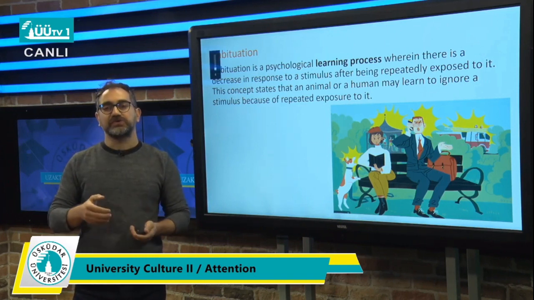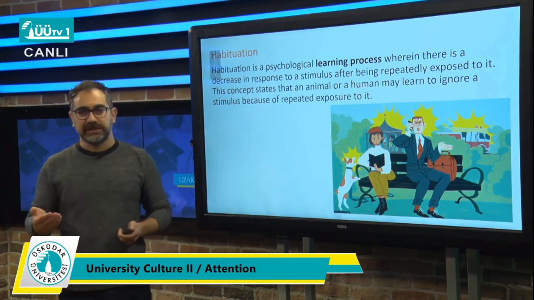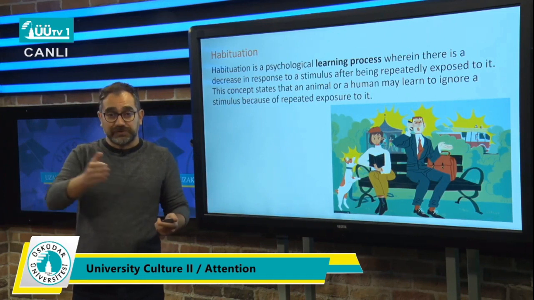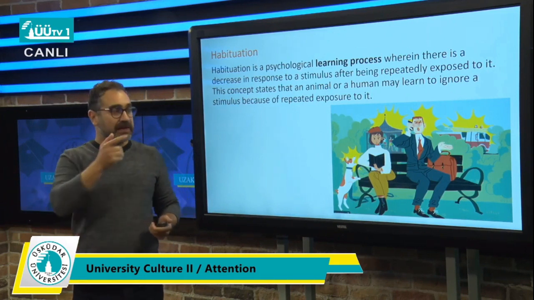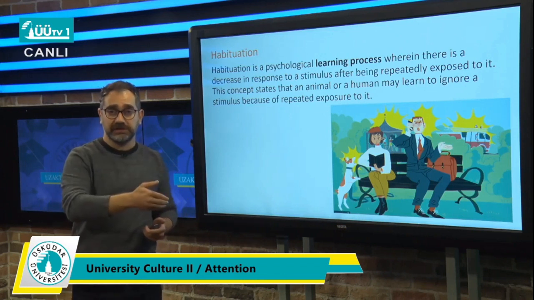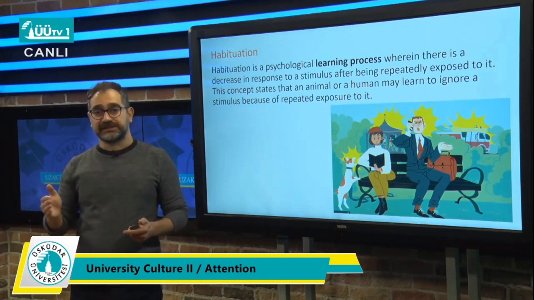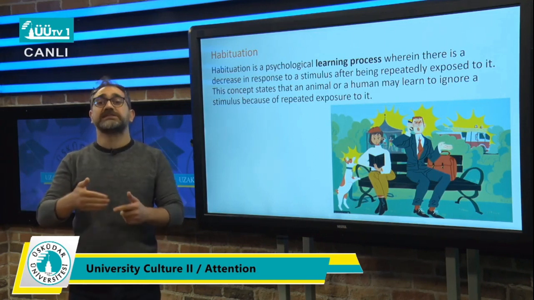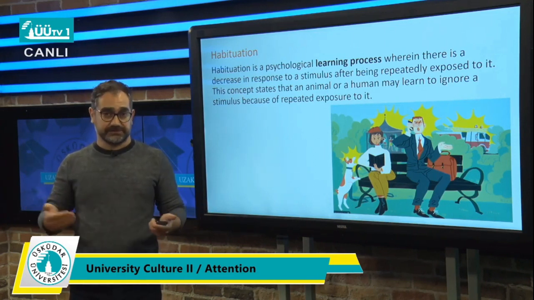So if I use my limited attention capacity on something unimportant, what am I going to do for the rest of the day? So habituation is something that works for us. Because of habituation, we can ignore the irrelevant stimulus so that we can pay more attention to some relevant stimulus.